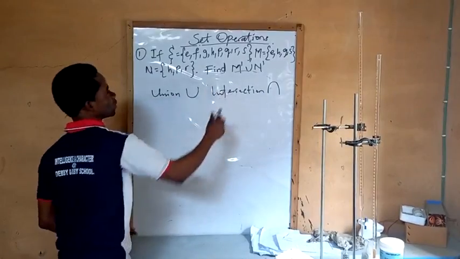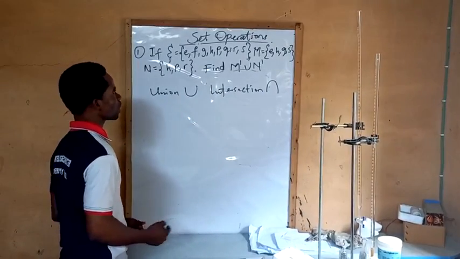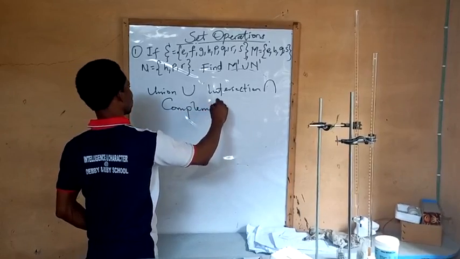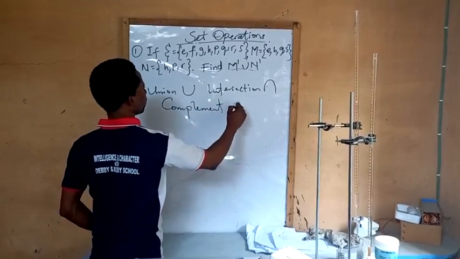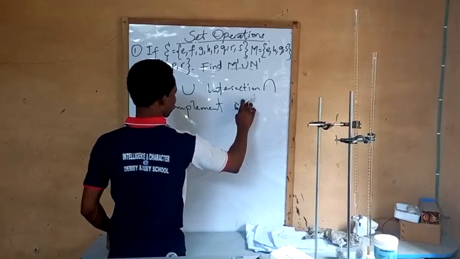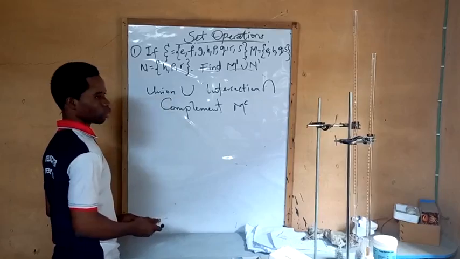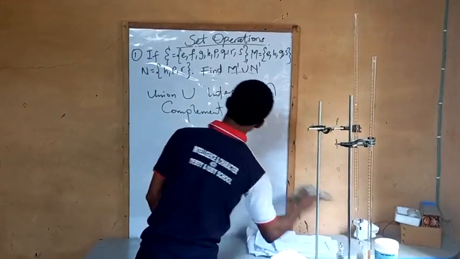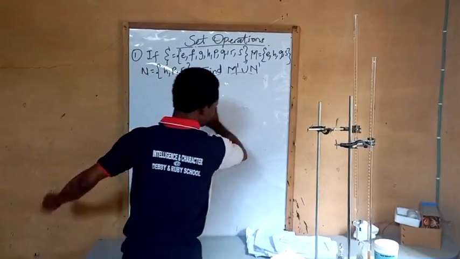This is union, this is intersection. But when you hear complement, like if I write M right now, this is complement, or prime. This is prime, but you can also write it like this. But they mean the same thing. Prime and complement mean the same thing.